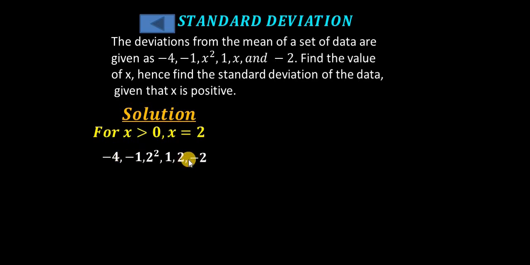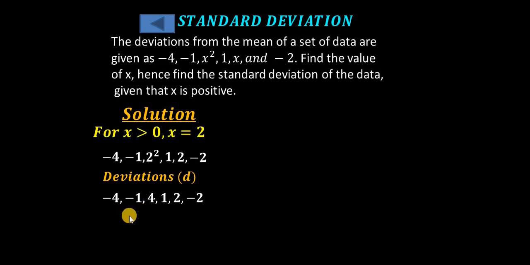Now this simplifies so that we have the set of deviations: -4, -1, 4, 1, 2, and -2. Remember, 2 squared is 4. Now from here, we can continue to get the standard deviation.